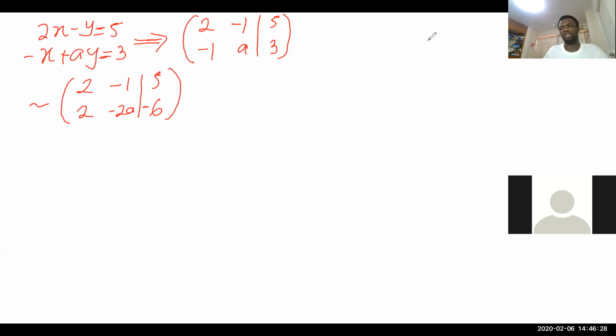The first question is, what does inconsistent mean? When there are no solutions. Good. When we say there are no solutions, in this case, what is that thing that you see that makes you know there are no solutions?